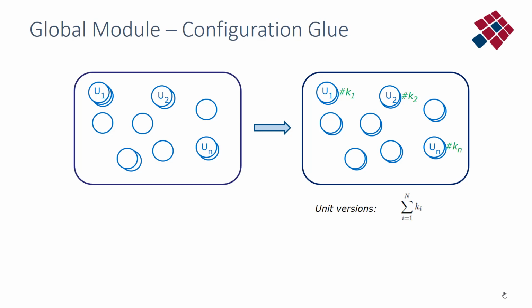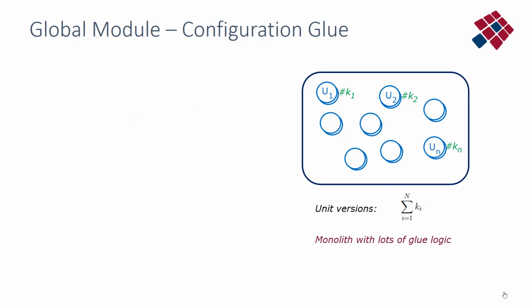Now, the unit version would be the sum of all these variants, and in this case we would have a production, a manufacturing, or a computer program with lots of glue logic.